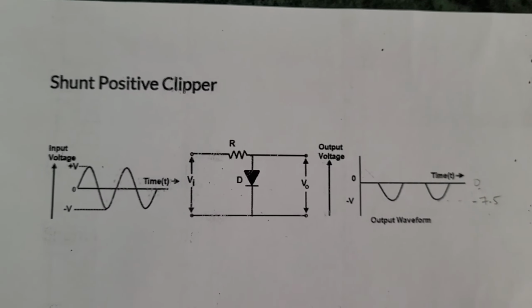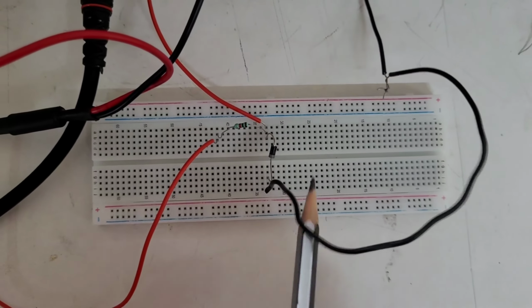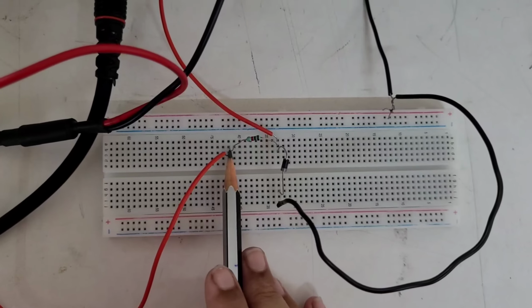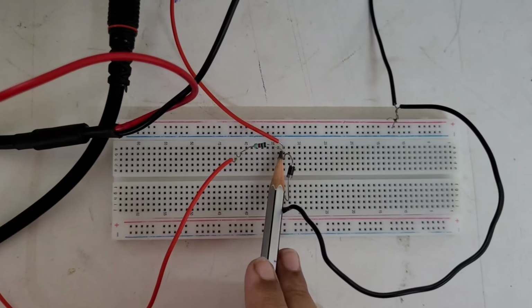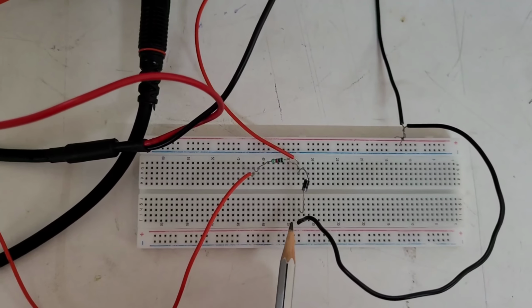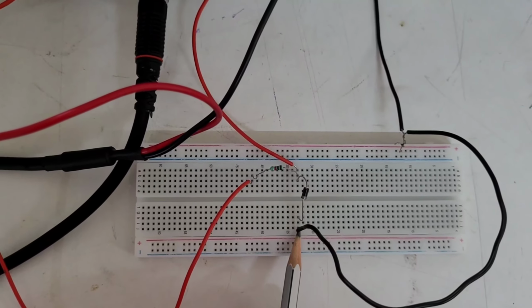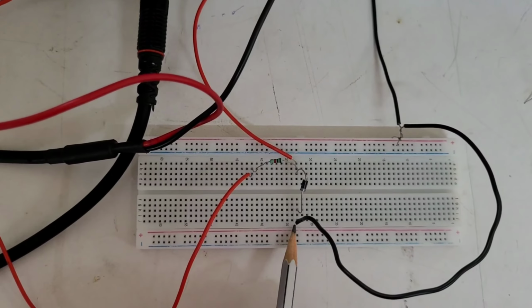Let's observe the waveforms. The circuit implementation. Input is supplied to one end of the resistor. Output is taken at the junction of resistor and diode, and the negative or the grounding is given to the cathode of the diode.